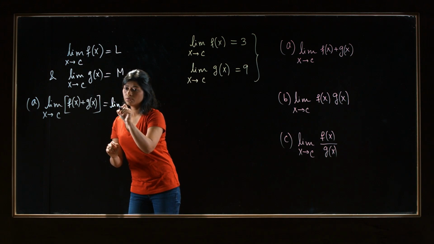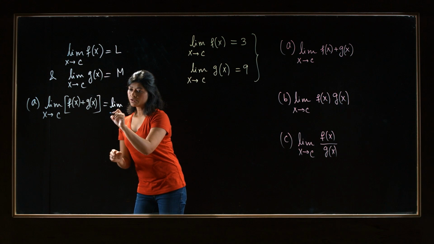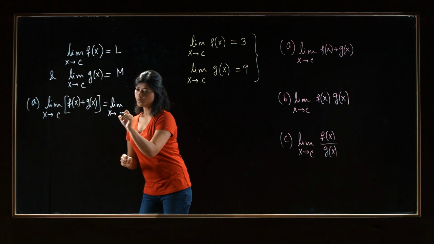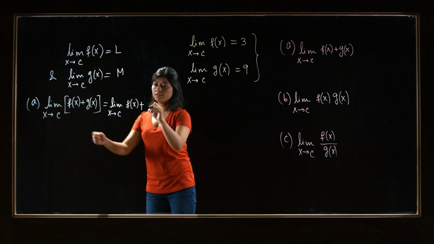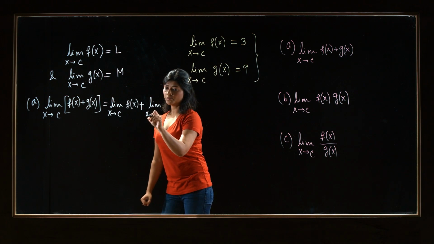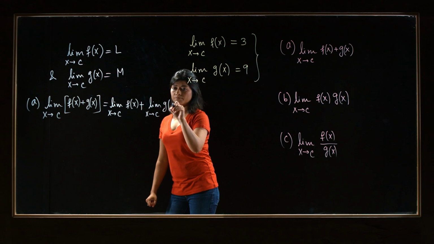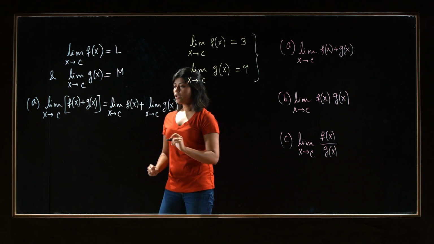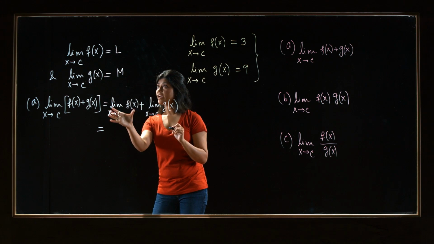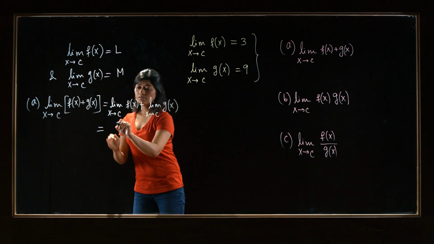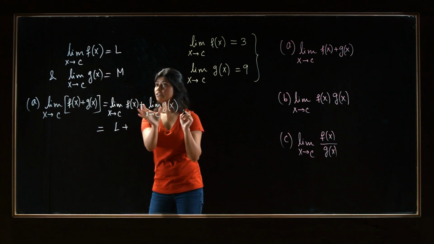So this is equal to the limit as x approaches c of f(x) plus the limit as x approaches c of g(x). And notice the limit of f is given to be L and the limit of g is m.